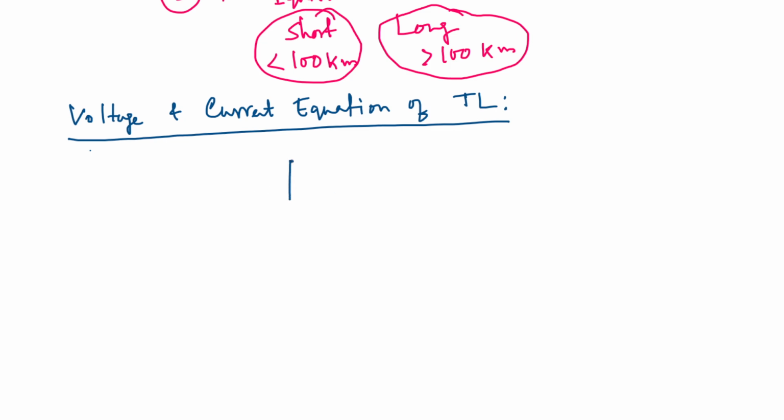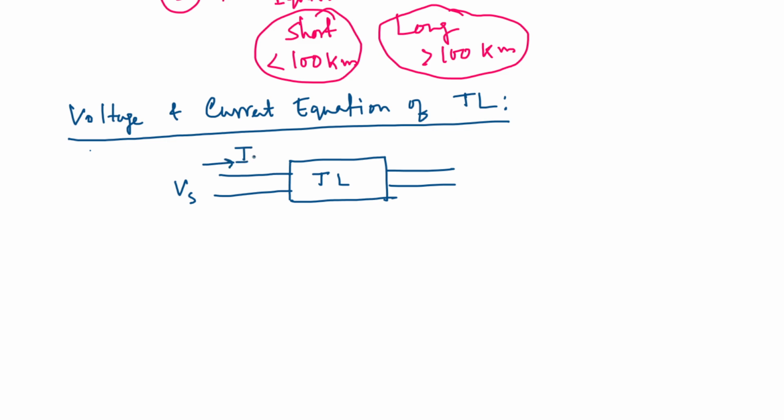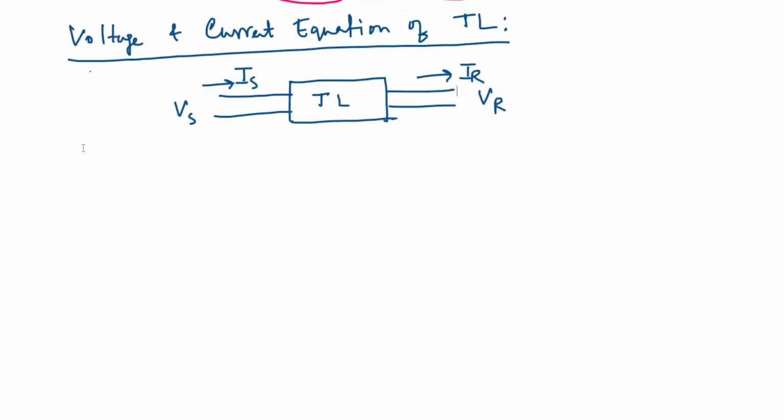Suppose this is a transmission line model, either a lumped parameter model or a distributed parameter model. It has a sending end and a receiving end. At the sending end we have Vs as sending end voltage and Is as sending end current. Also we have Vr at the receiving end and IR as receiving end current. So these four parameters are interlinked in this fashion.